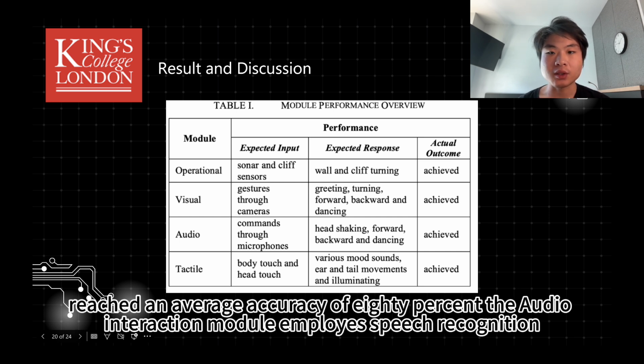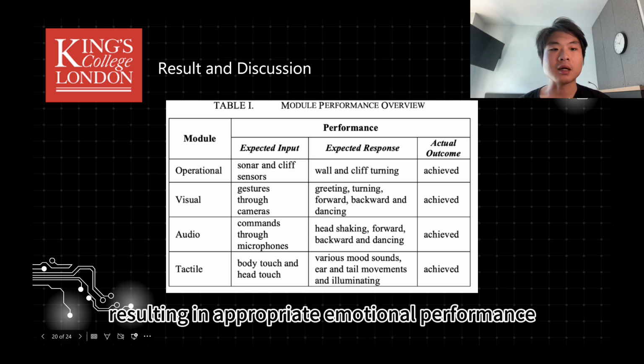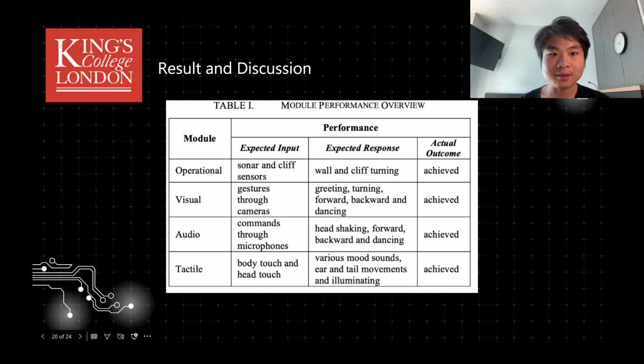Gesture recognition reached an average accuracy of 80%. The audio interaction module, employing speech recognition, accurately interpreted user commands. And additionally, the tactile interaction module successfully differentiated and responded to varying degrees of user tactile interaction, resulting in appropriate emotional performance.